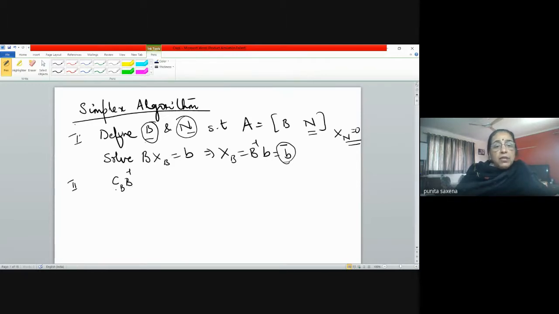So cB are the coefficients of your basic variables at this particular stage, the coefficients of the basic variables in the objective function. This book calls this w. This is one factor that we compute for this particular stage, because at a particular stage, cB B inverse is not going to change. So we'll retain this as w.